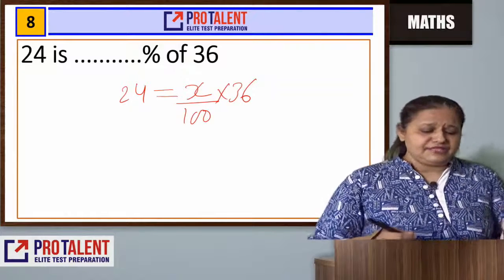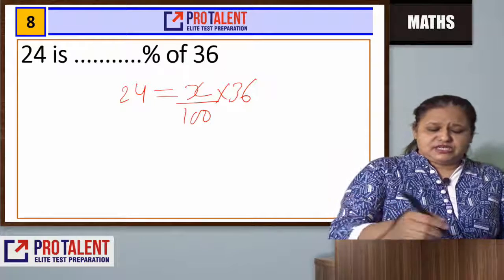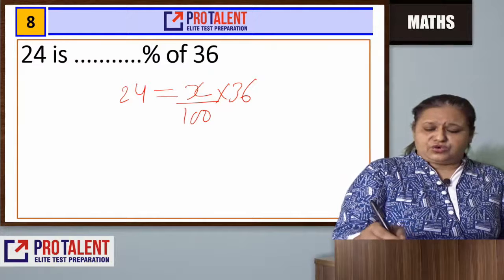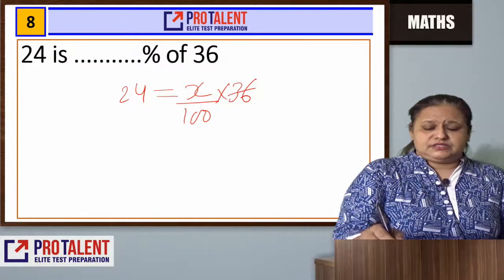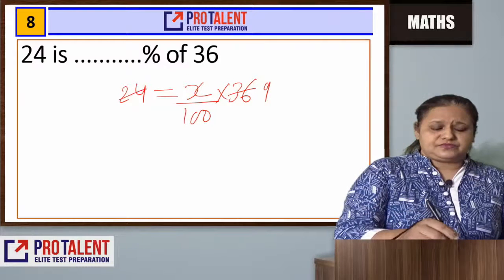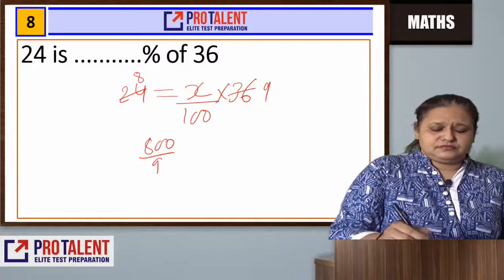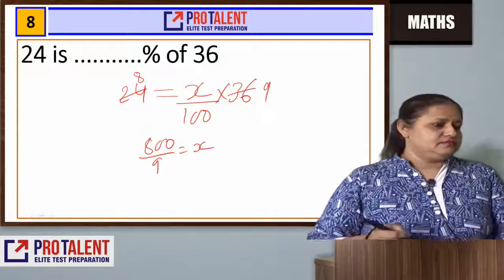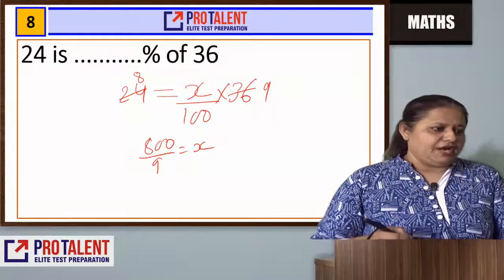Let's see, I have written 24 is x percent of 36. So I have it like 9 threes are, 8 threes are. Perfect. All right.